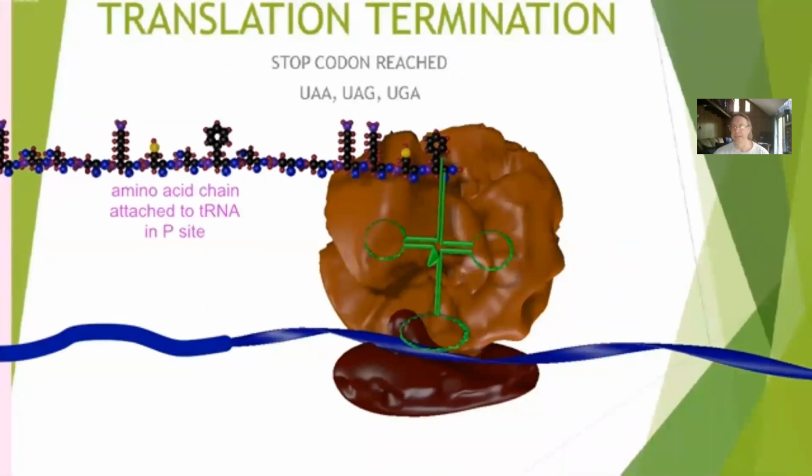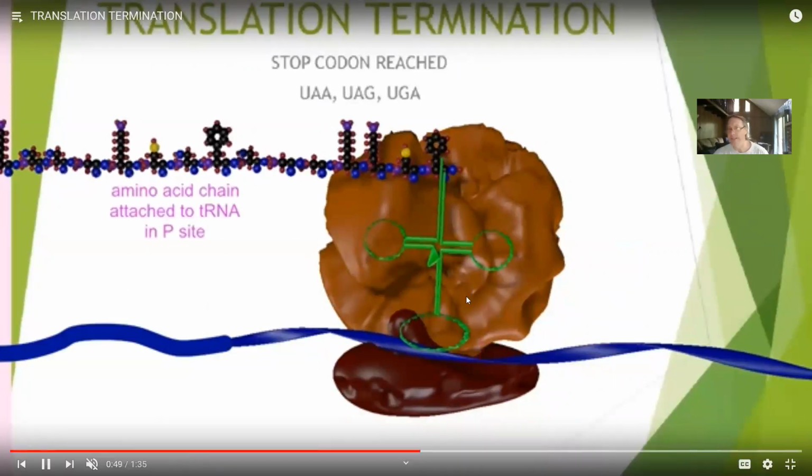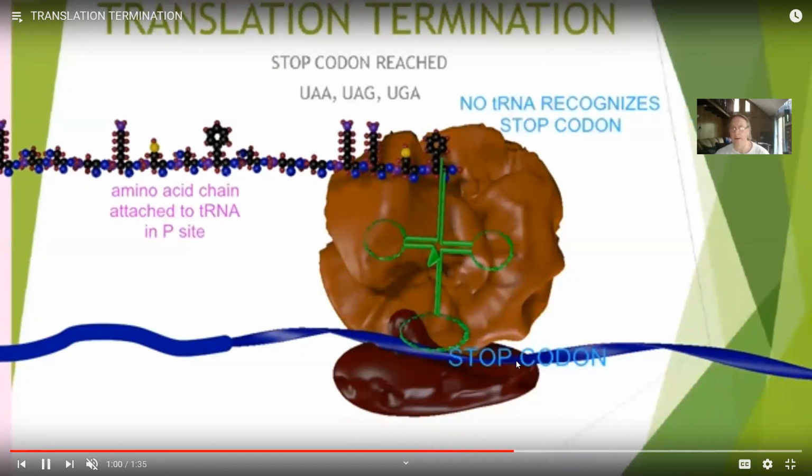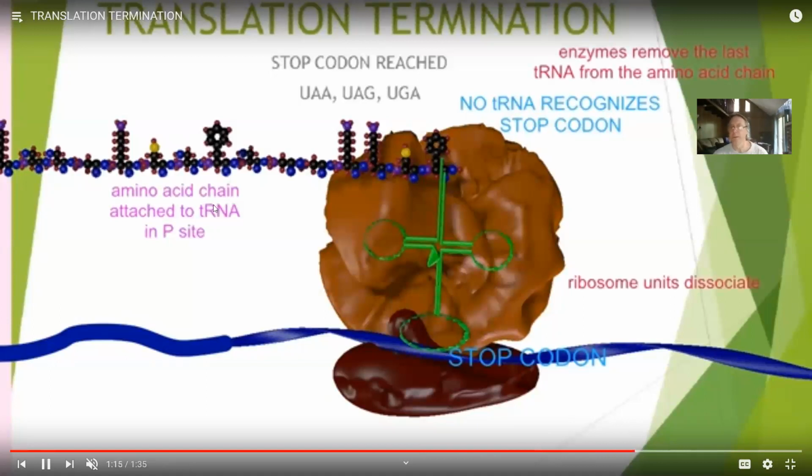But the important point is once those other proteins have bound and there is no tRNA because the mRNA codon was the stop codon, then the process will stop. The chain of amino acids will be separated from the last tRNA by enzymes. This is now a protein, the final product of translation. The tRNA will then be charged again, and the ribosomal subunits will dissociate.